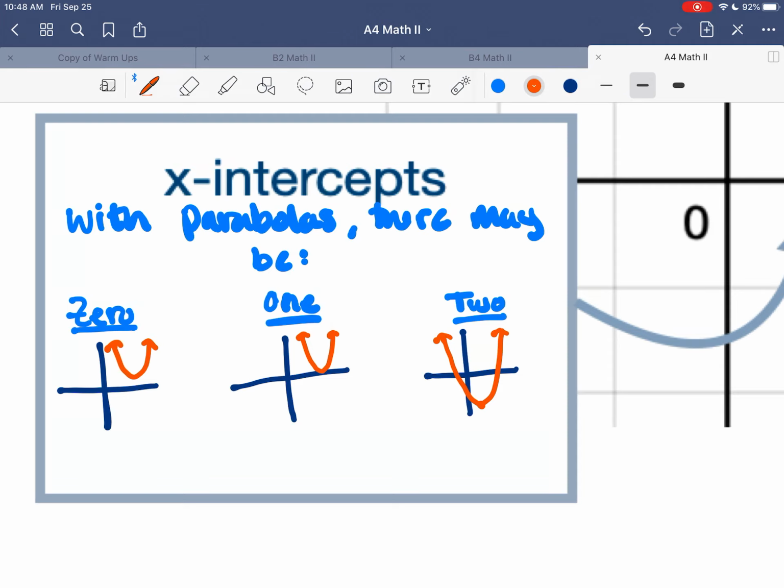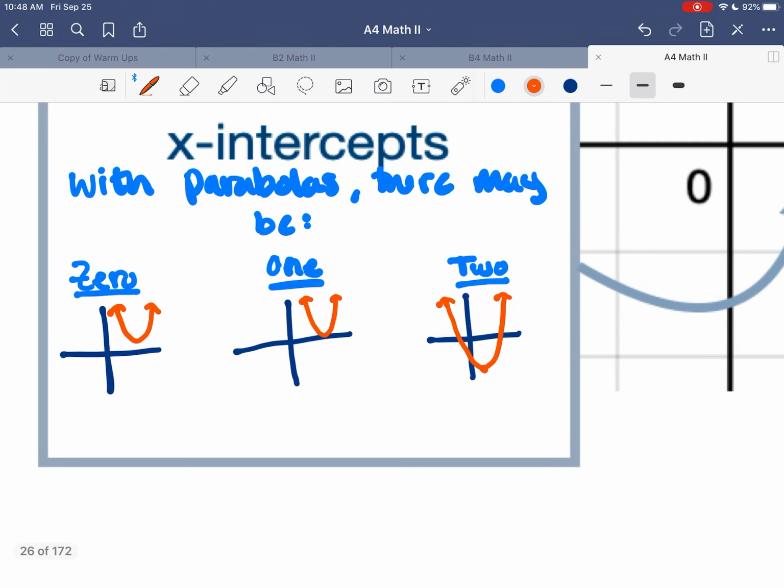Parabolas, just like our other page, are also allowed to be upside down, which changes these pictures a little bit, but I am sure you can probably imagine the different scenarios with an upside down parabola. They might just look a little bit different, but you can still put an upside down parabola where it doesn't cross the x-axis, or where it touches only once, or where it touches twice.